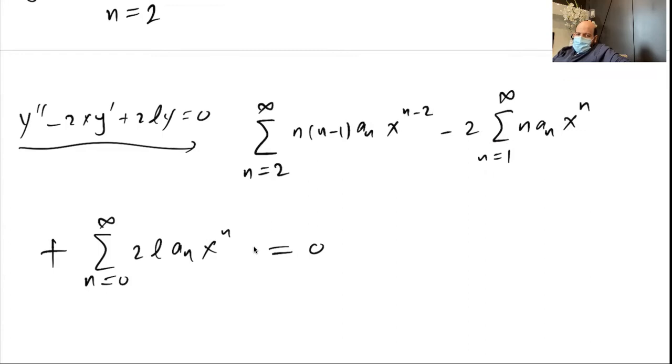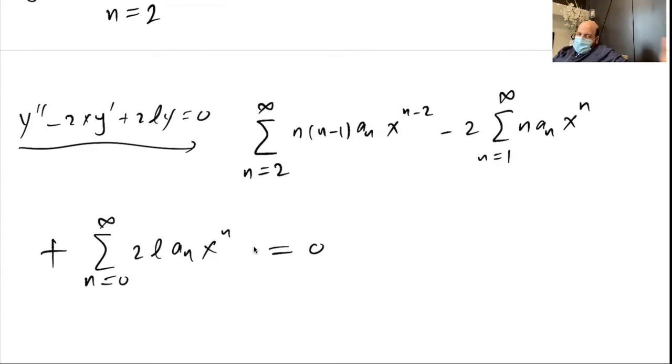Let's think about each sum and how it starts. Does it start with a constant term or does it start with an x term? If, for example, all of them start with an x term, then I can match them together because I just need a shift and rewrite the sigma.